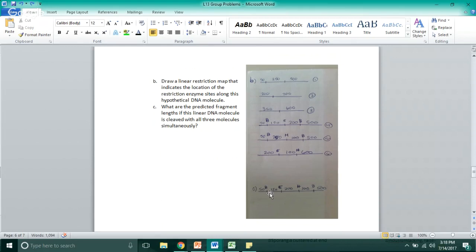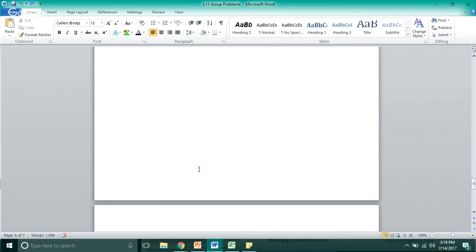So that would be 150. And then between E and H, there's, okay, and then BamHI cuts at 500, and then H and B is 100, and then what's left over is 200, so that would be in the middle. And that's how you do number 4.